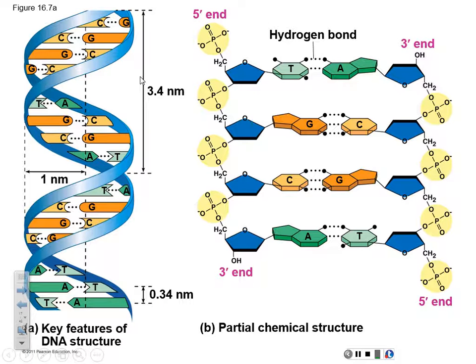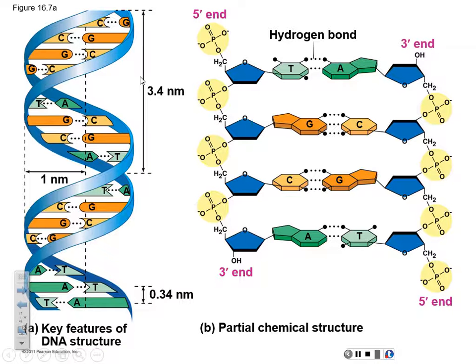But 3.4 nanometers is the distance from one turn of the staircase to the next turn. As you're going up this spiral staircase, from one turn to the next was 3.4 nanometers. So when they put that twist into the DNA molecule, they were able to do it in such a way that it gave them that 3.4 nanometer periodicity.